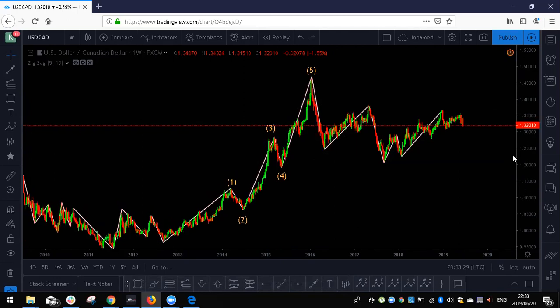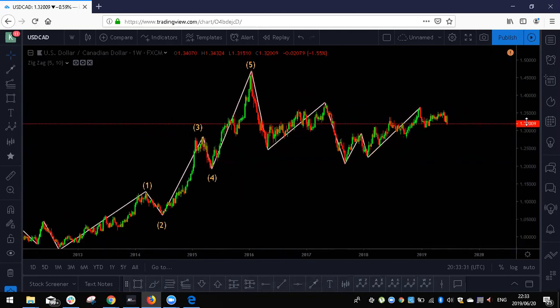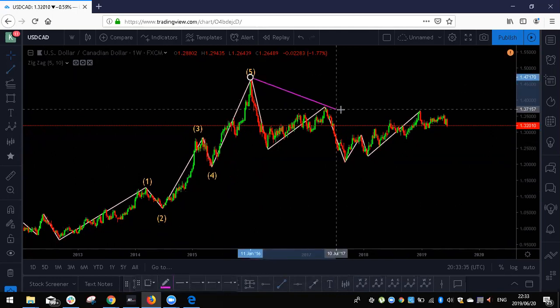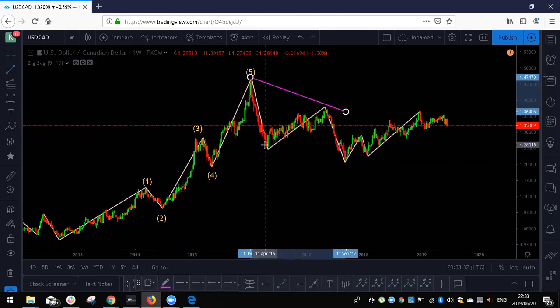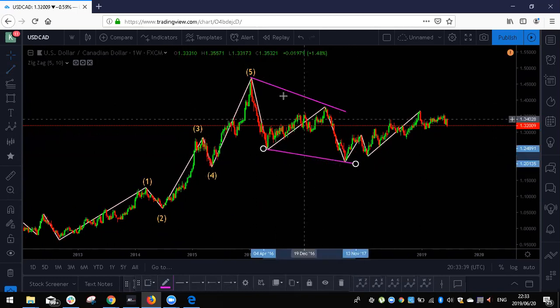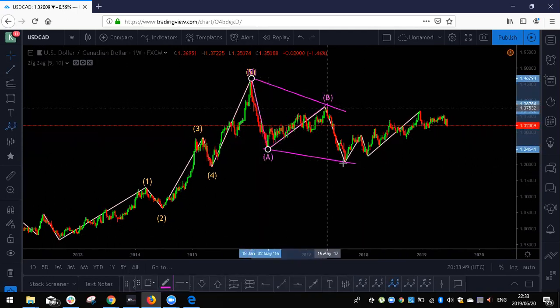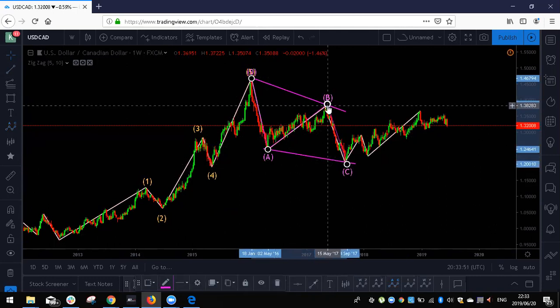So, after this 5-wave move, what I'm spotting is this corrective structure, this first one. Can you see it? This ABC. Okay, so after that 5-wave move, you have an ABC like this.